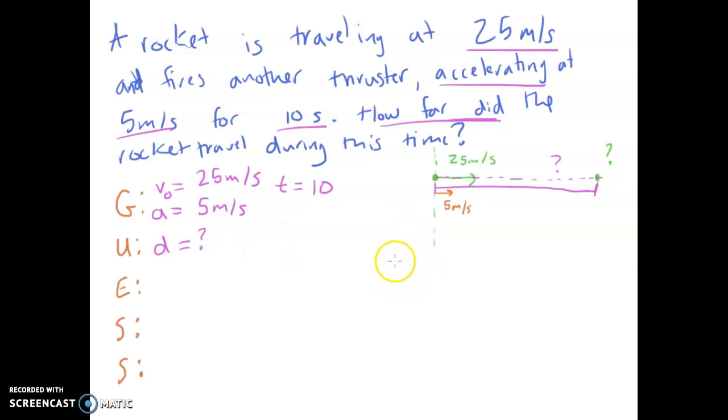Because I can't show the entire equation sheet, I'm just going to go ahead and write down our equations.